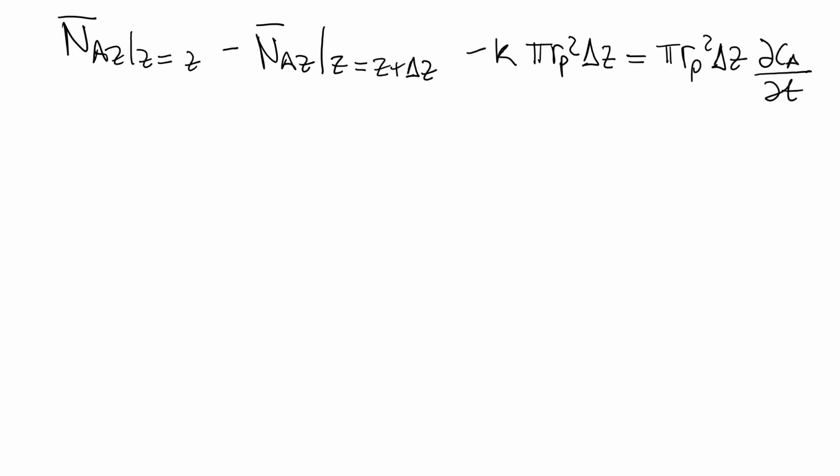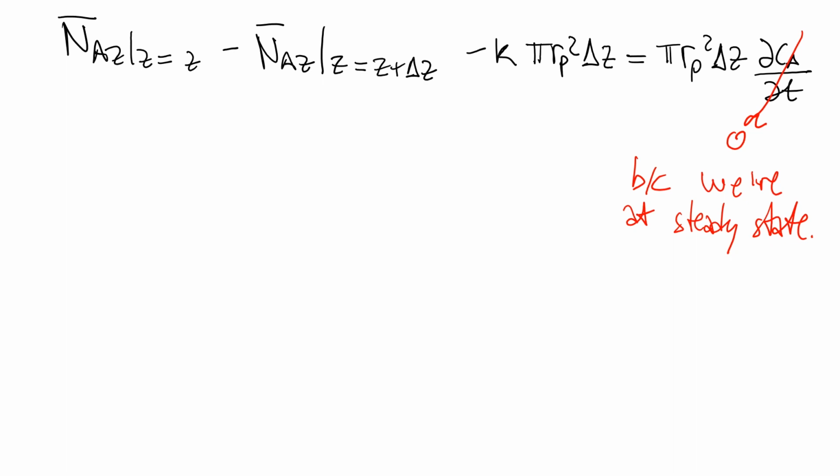Now we can do our first simplification. We say that this is 0 because we're at steady state. So if we're at steady state, we don't have any accumulation. That's a characteristic of steady state. So we can now express, we go from a rate to a flux.